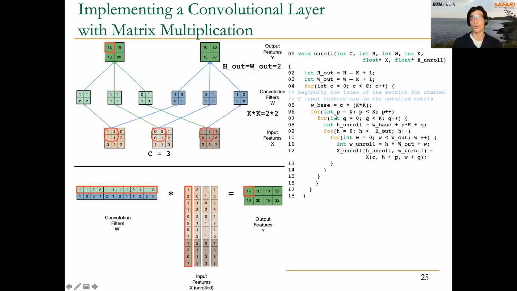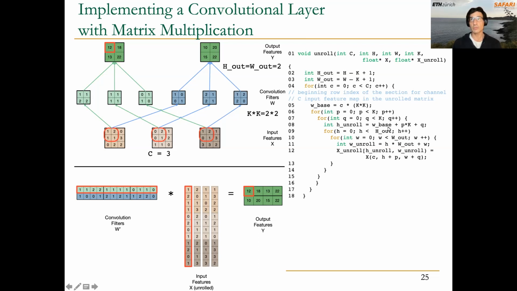This is how we will go with these four nested for loops that we have here. So the next thing is to calculate the exact row in the unrolled matrix of each individual element, starting from W base that we calculated earlier.